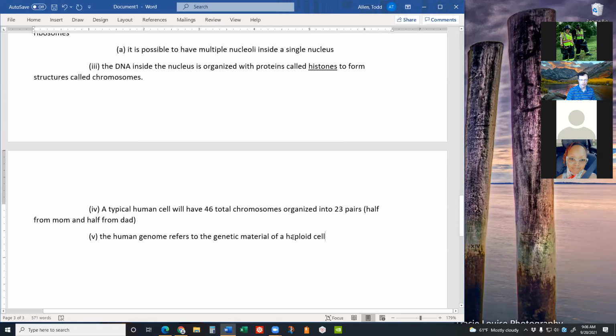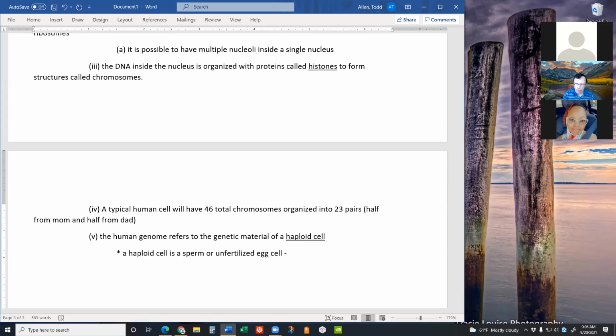A haploid cell is a sperm or unfertilized egg cell, meaning that haploid cell is only going to have 23 individual chromosomes, 23 from mom or 23 from dad.